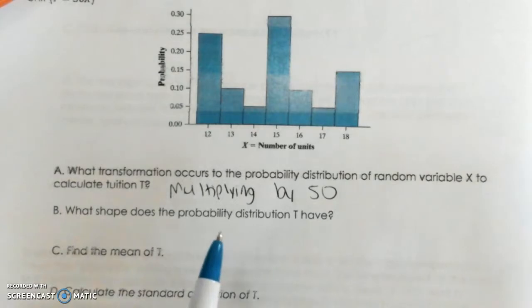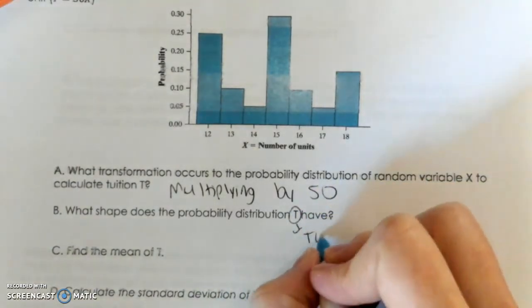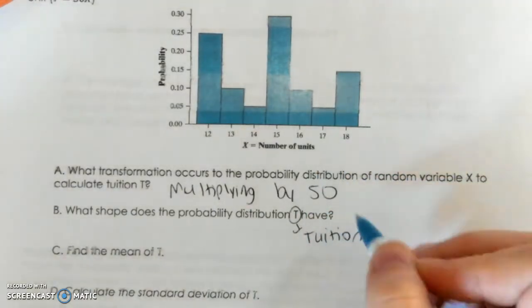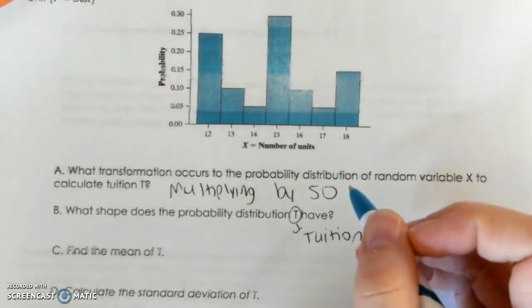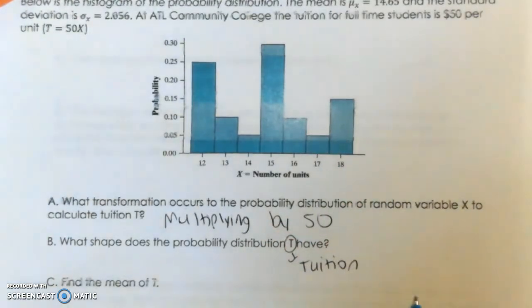So what shape does the probability distribution T have? T stands for tuition, right? I don't care about units anymore. I want to know what the probability distribution of their tuition would look like. It would look exactly the same as this. Remember, the shape does not change.